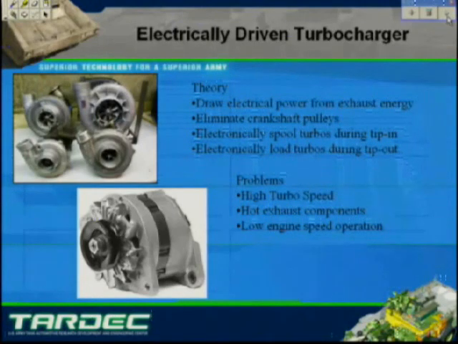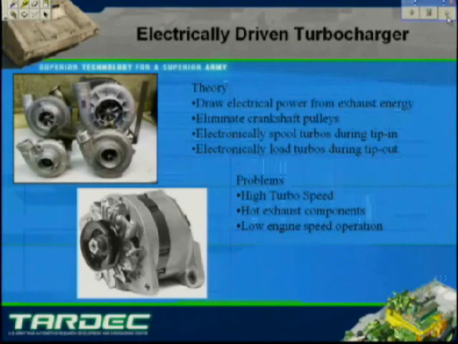You could also, when the operator steps on the throttle, send the voltage into the alternator and actually spool up the turbocharger electronically. And when the operator steps off the throttle, you can draw power from the alternator and actually slow down the turbocharger electronically. And then you can actually control turbo lag.